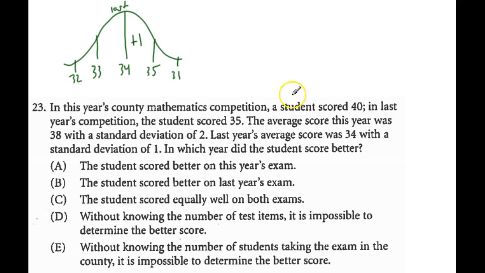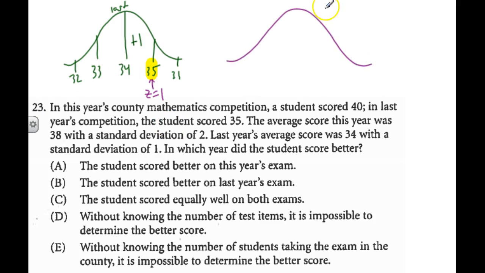The student scored 35 in last year's competition, which I can calculate right away. The z-score there is 1. It's 1 standard deviation away here.